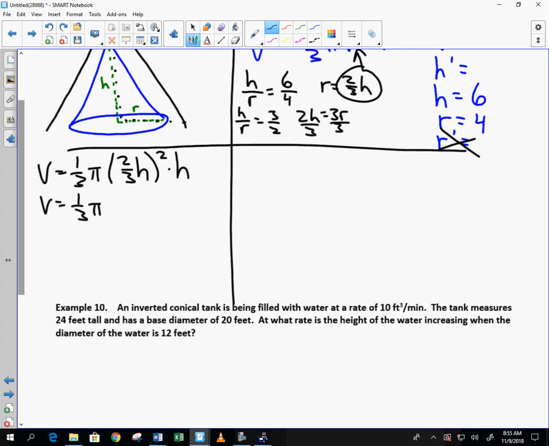What's 2/3 squared? 4/9 times h squared times h.